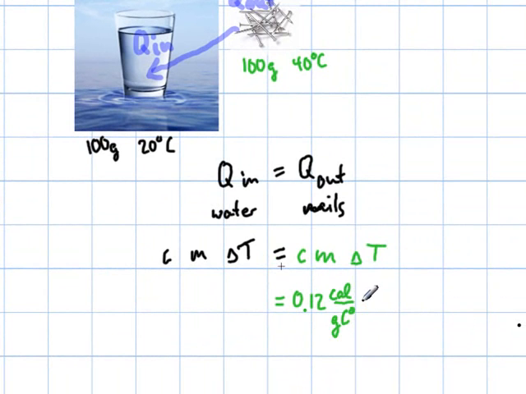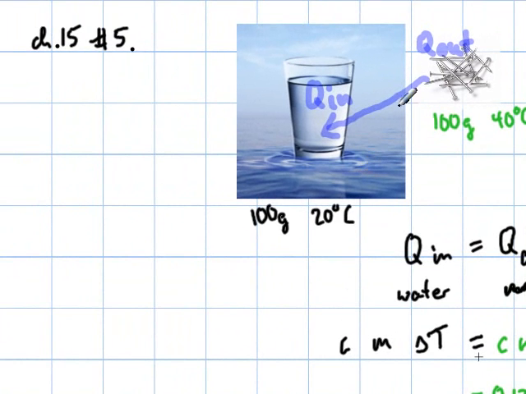The mass of the iron is given as 100 grams, and then the temperature difference is going to be the initial temperature of the nails, 40 degrees Celsius, minus the final temperature when the two are equal, when the heat has flown out of the nails into the water.